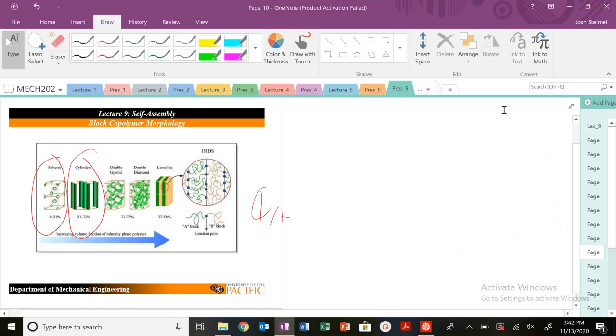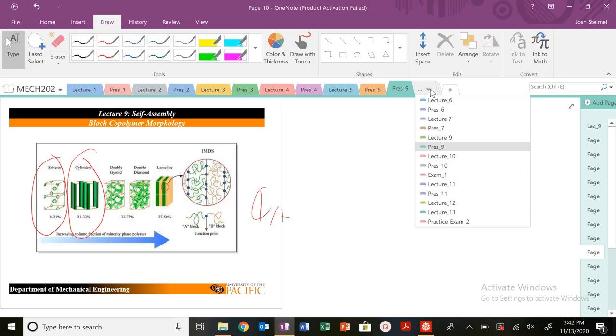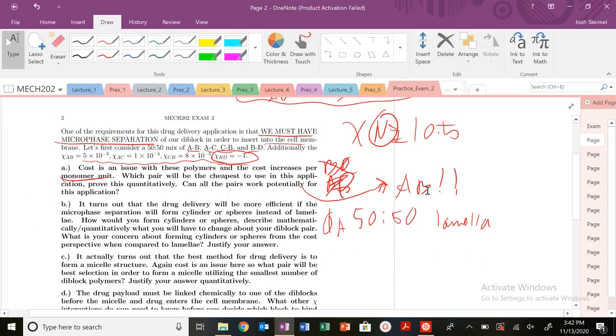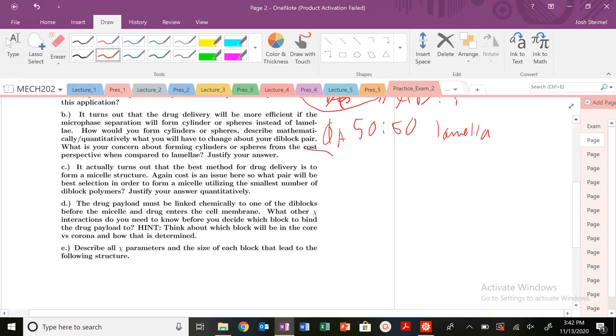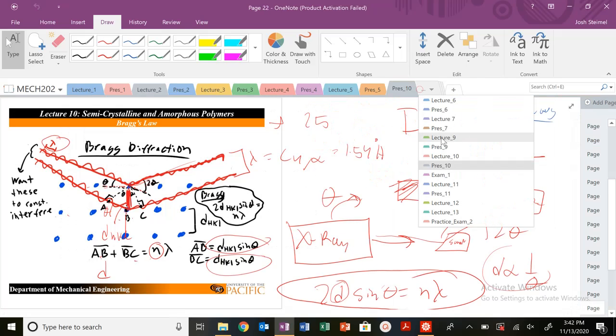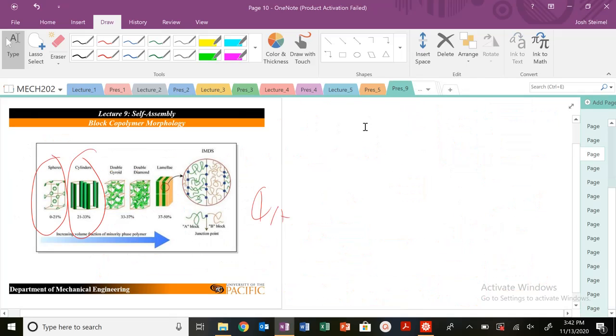So all I'm going to have to do is change the volume fraction of one of my components. For example, if we're still working with chi AB above, which we definitely want to, I'm going to make sure that my phi A is equal to 0.2 for spheres. Let's double check there, presentation 9. For cylinders, we're just on the border.